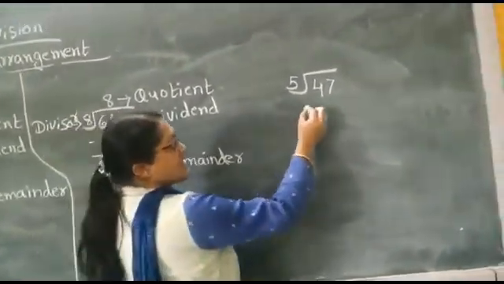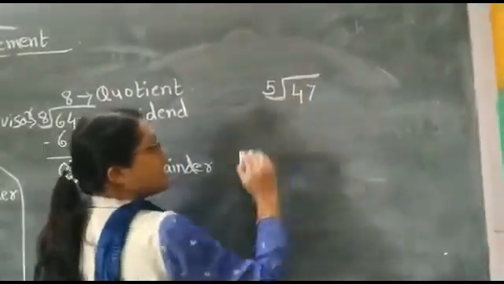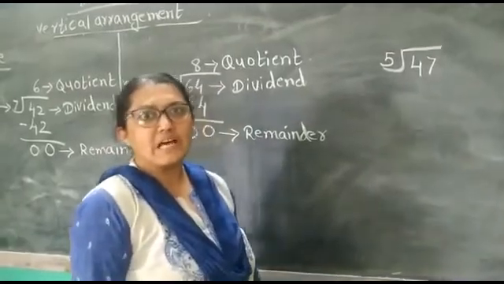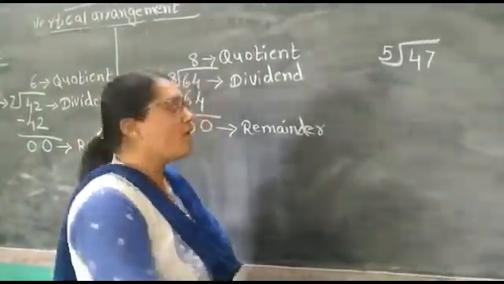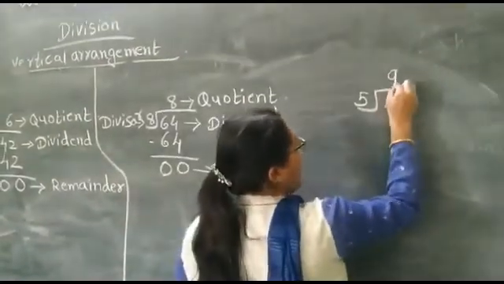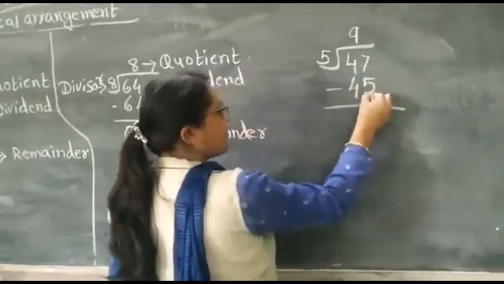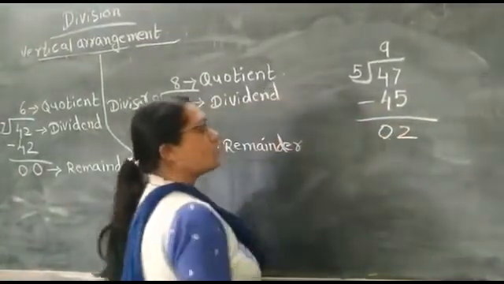Now we will go for the next example. Now see children, this example is different. Now see, 5 fives are 25, 5 sixes are 30, 5 sevens are 35, 5 eights are 40, 5 nines are 45. So 5 nines are 45. So 7 minus 5 is 2, 4 minus 4 is 0.